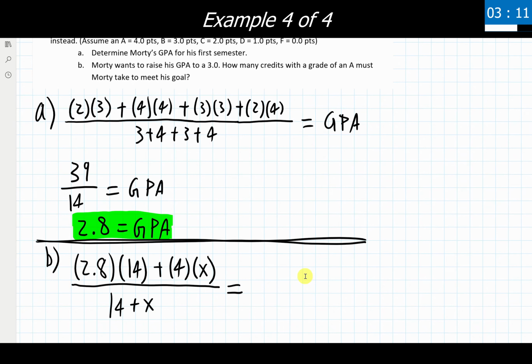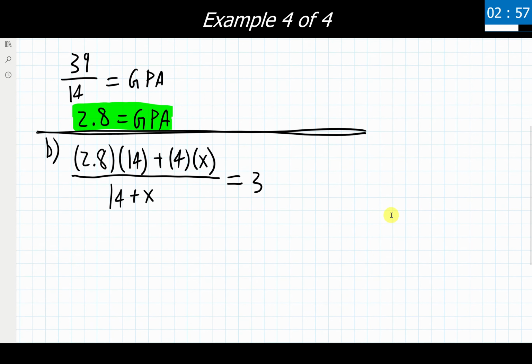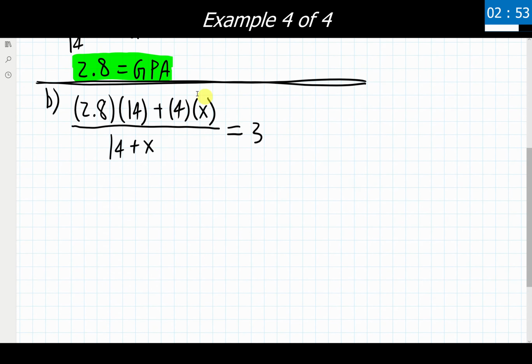And then what do we want his resulting GPA to be at the very end here? We're told he wants to raise his GPA to a 3.0. So I'm going to write in 3 over here for his resulting GPA. And suddenly, I now have an equation that I can solve. I have a fraction equals technically a fraction on this side. This 3 is implied to be over 1, that invisible 1 hanging out down below there.